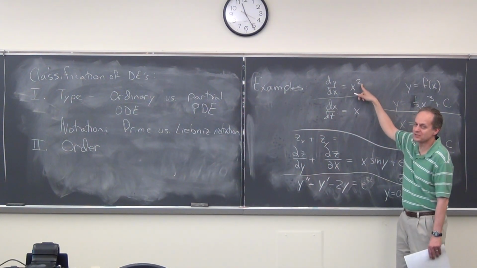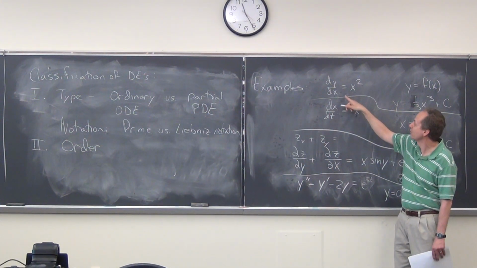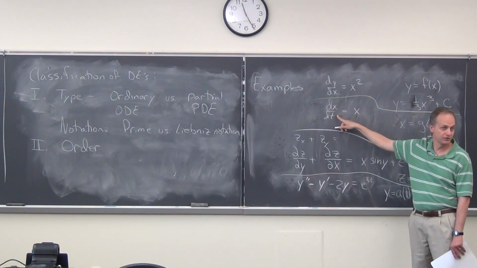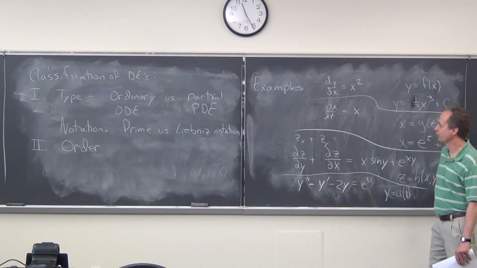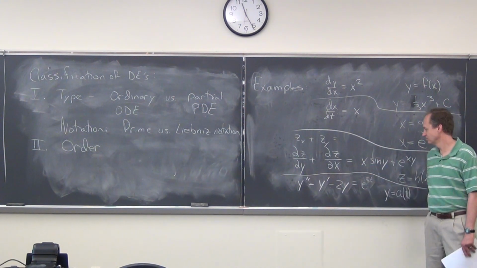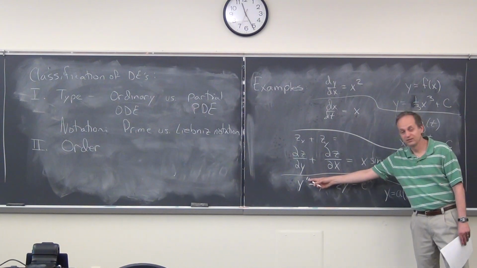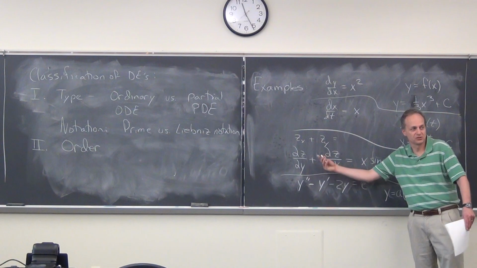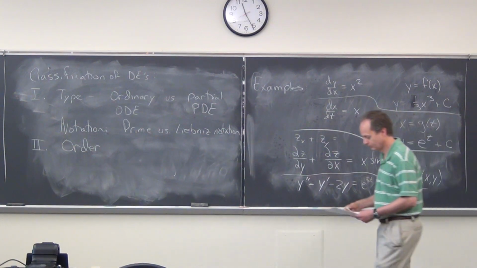That power doesn't mean anything as far as the order. Order is only determined by the order of the derivatives. This is a first order derivative. So this is another first order ordinary differential equation. First order partial differential equation. Second order ordinary differential equation. So it's just the order of the derivatives.